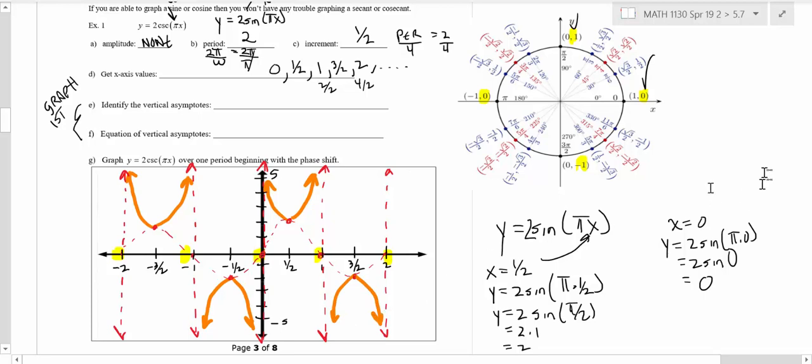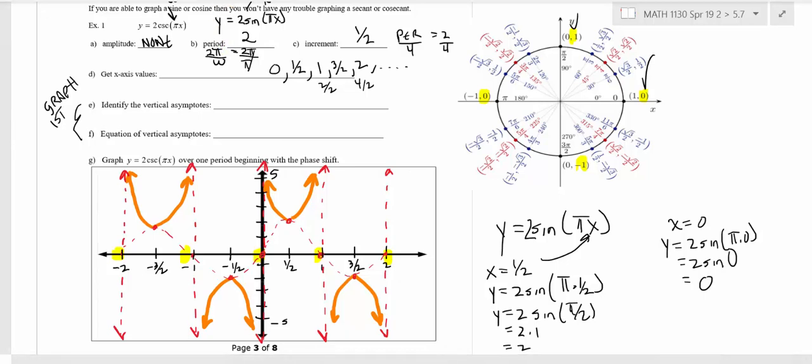So I essentially just focused on doing 2 sine pi x. You had to do the period, the increment. Whenever you do that increment, that always gives you where those key points are. And to me, that's the whole key to the problem, is if the period changes, figure out those new x values. Okay, does that make any sense, what I've done? Okay, if you follow this procedure, you should do fine.